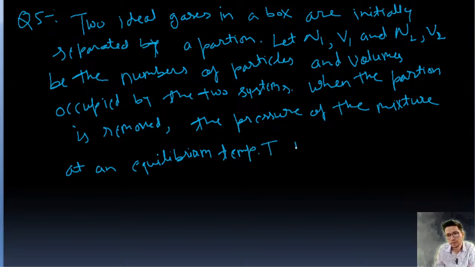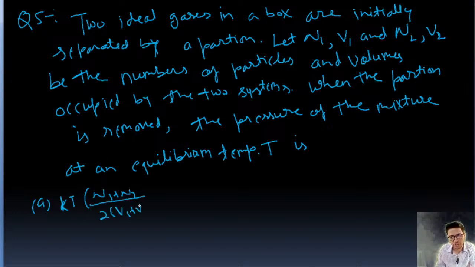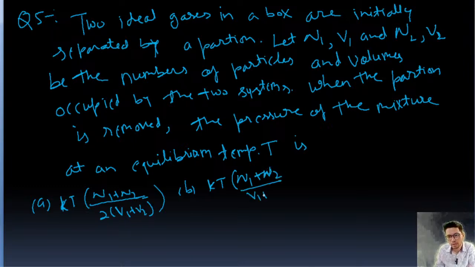Okay. Options are: option A is KT, where K is the Boltzmann constant, into N1 plus N2 upon 2 V1 plus V2. Option B is KT into N1 plus N2 upon V1 plus V2.